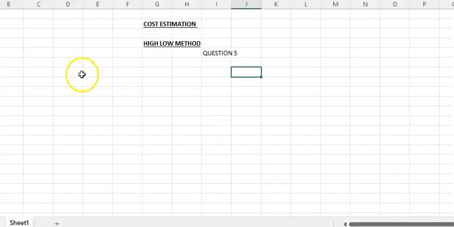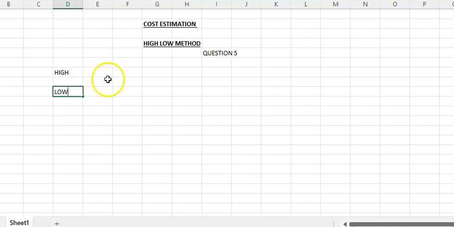So this is what we do. High-low method. So we first say high, you can come and say low, you can put here output, you can put there total costs.